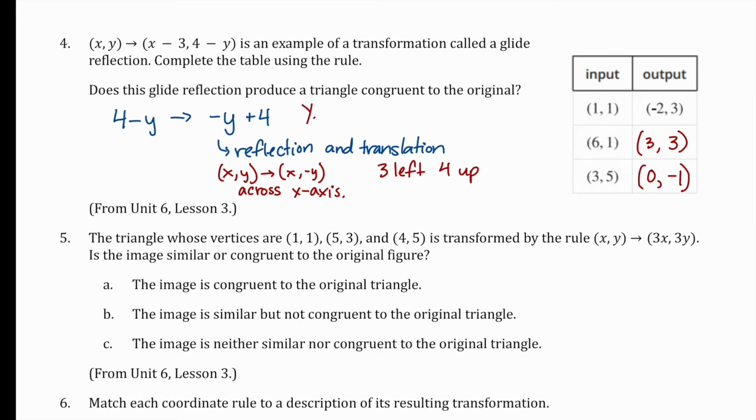So we can say yes, because it is made of 2 rigid transformations.